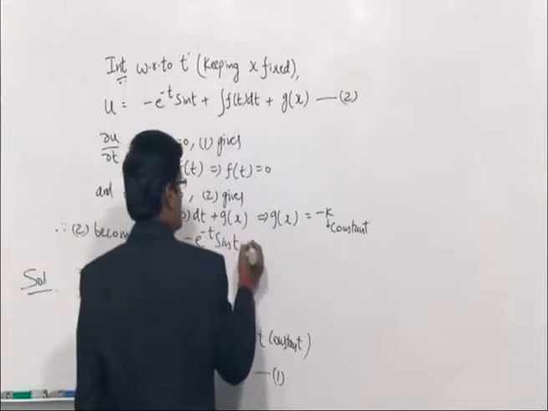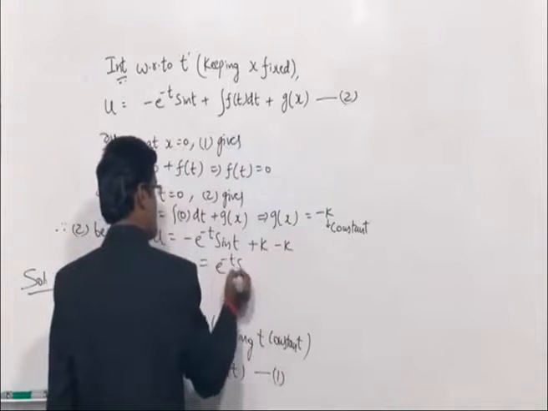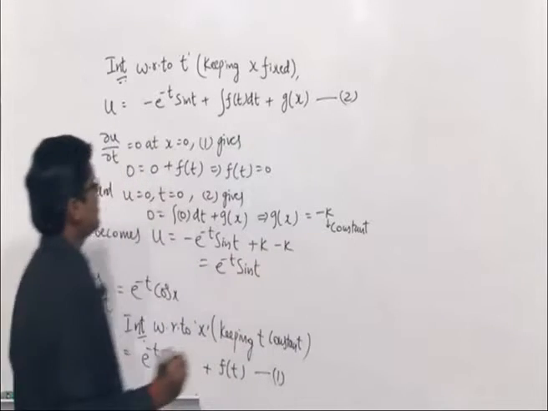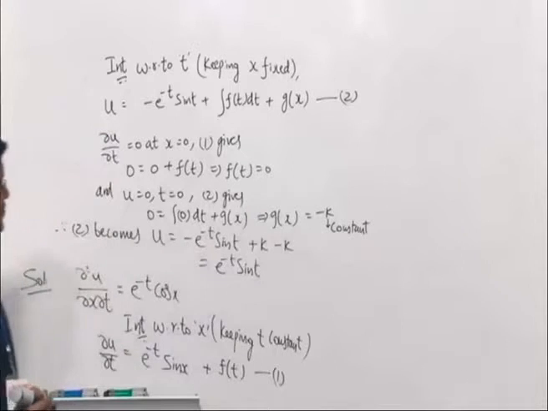The integral of f of t dt is plus k, and g of x is minus k, so this simplifies. Because f of t is 0, the integral of 0 I took as k.